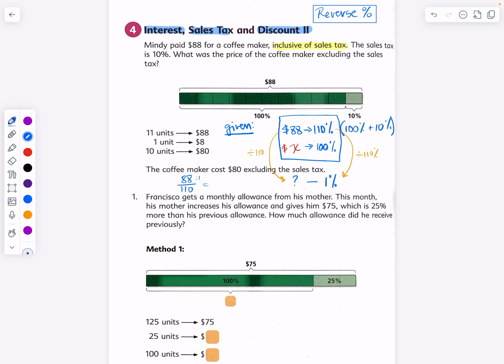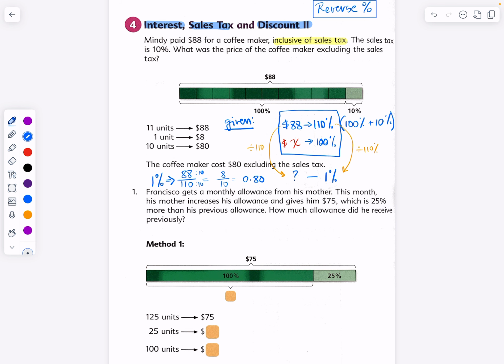We can divide the top and the bottom by 11. That's your common factor. And we have 8/10 or 0.8. So 1% is actually $0.8 or 80 cents. Now that we know 1%, can we figure out the 100%? Absolutely. Let's label this step 1.